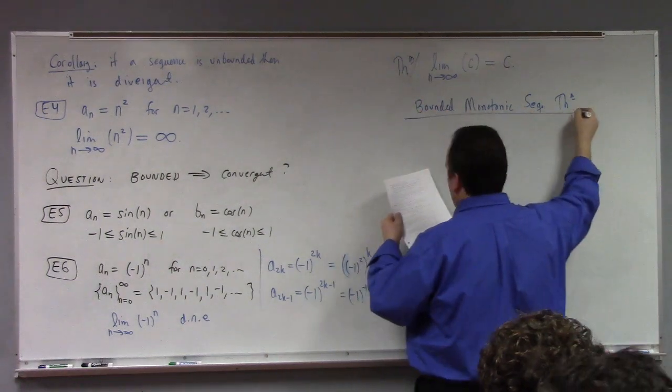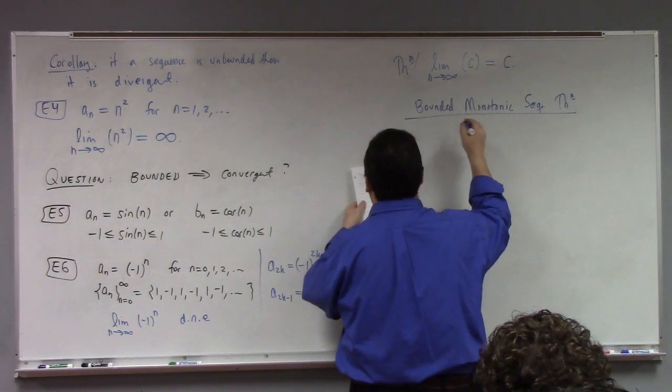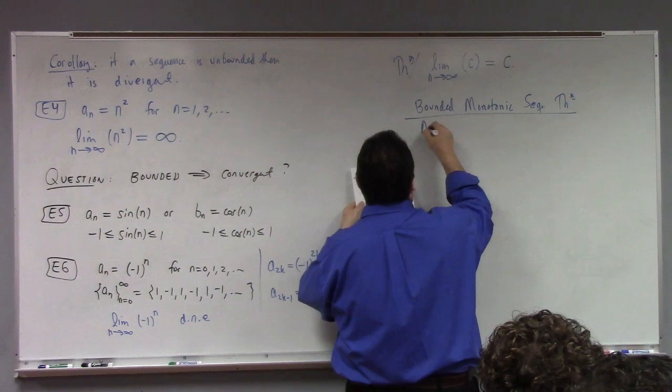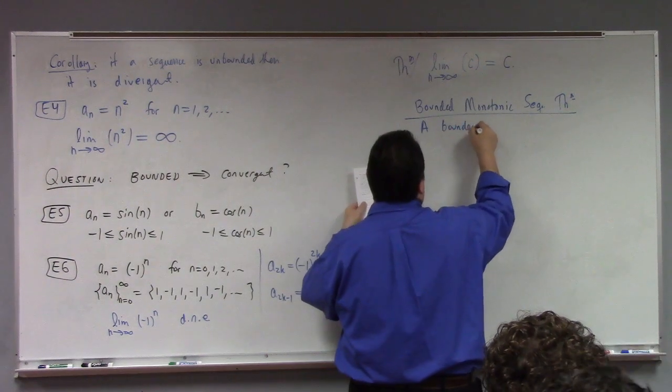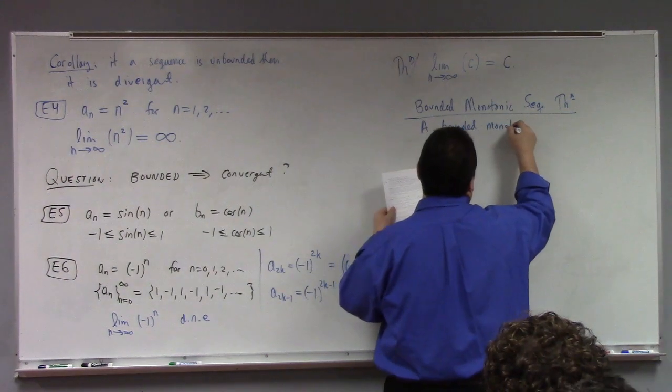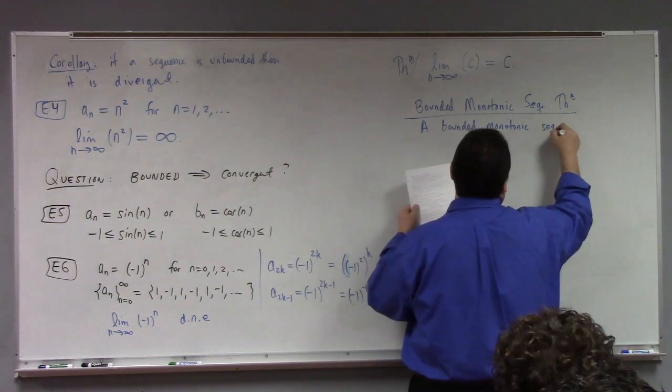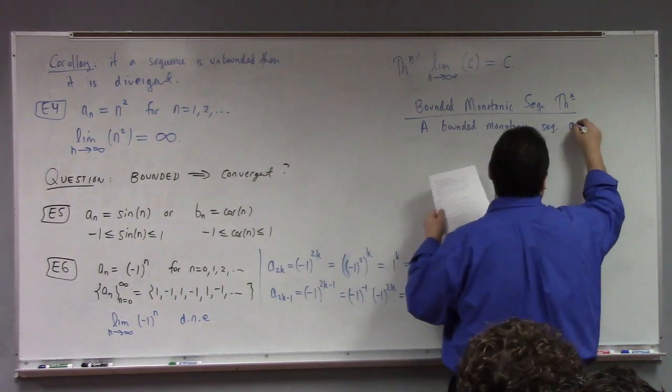The bounded monotonic sequence theorem says the following: a bounded monotonic sequence converges.